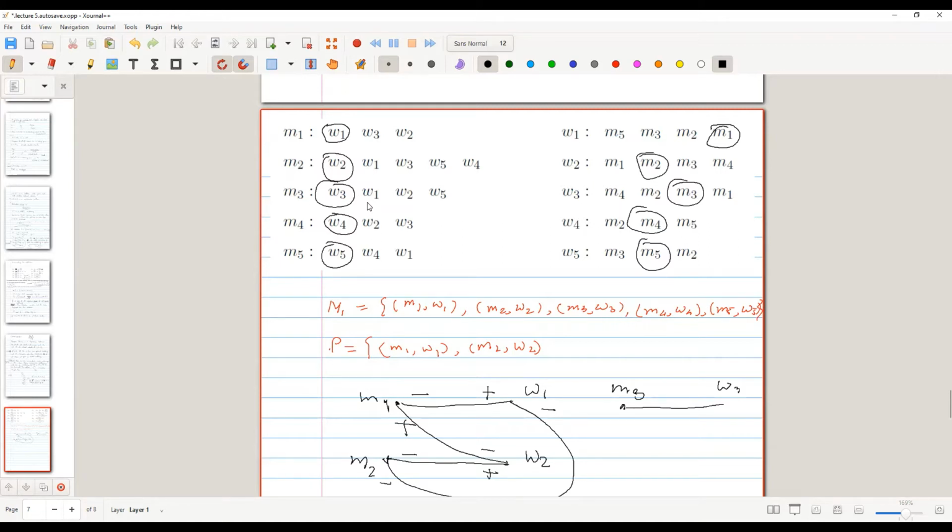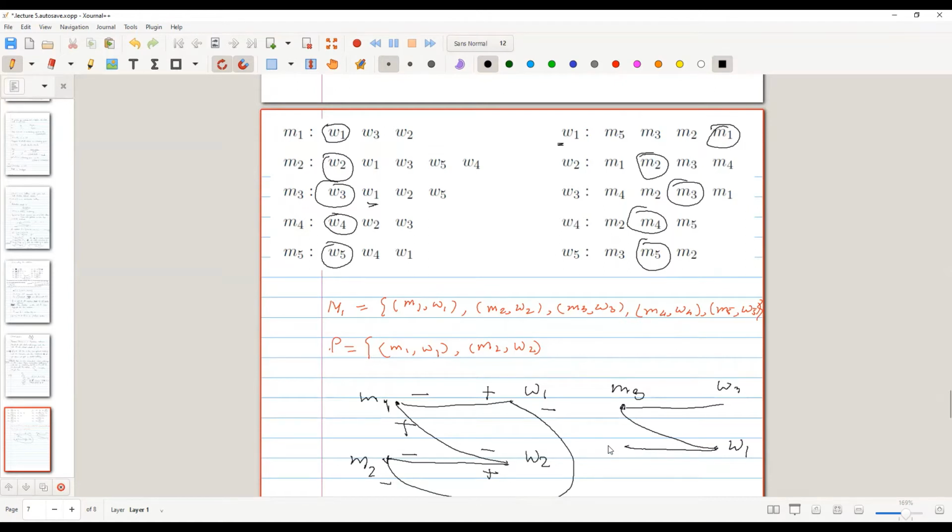And in the preference list of W1, we can see that W1 prefers M3 over M1, her current partner. So it is W1, but we'll see that we have some problem here.